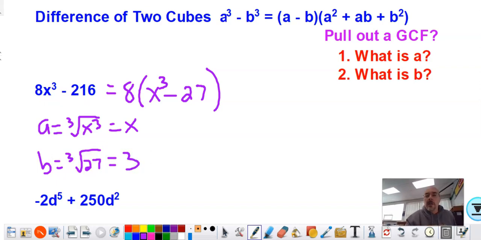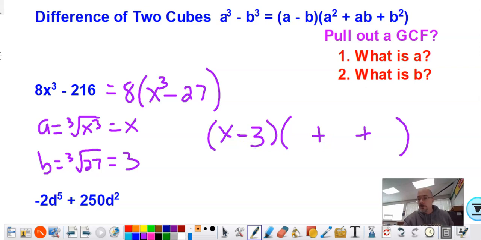All right, so I'm going to go ahead and make my outline here. So I'm going to put parentheses minus parentheses, a plus sign here, a plus sign here, and then parentheses there. All right, so just like I did on the last page, I'm going to fill in the a and the b first. Well, the a is the x value and b is 3. Okay, so there's the binomial. Now let's do the rest of it.